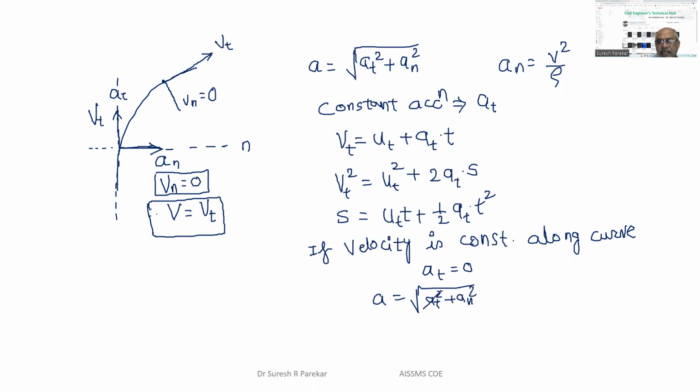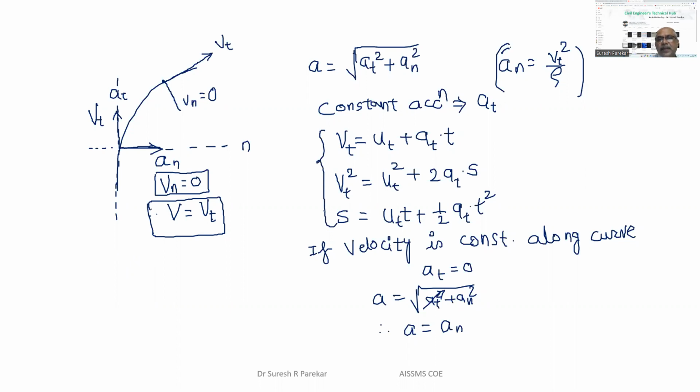We have AT 0, so this becomes 0, and therefore we have A equal to AN. My value of AN changes from point to point. This I will say Vt or V, because we know V is always equal to Vt. So you have to go with these three equations.